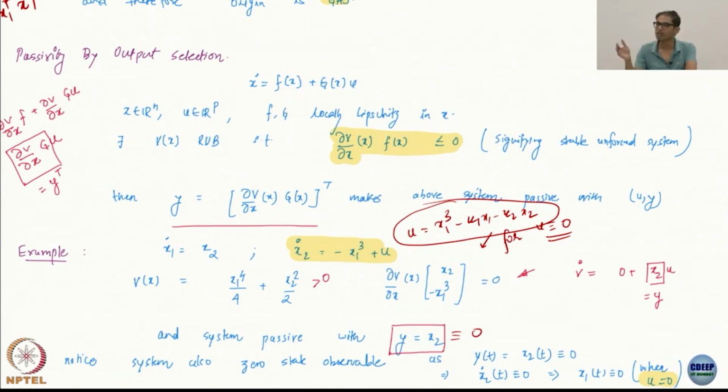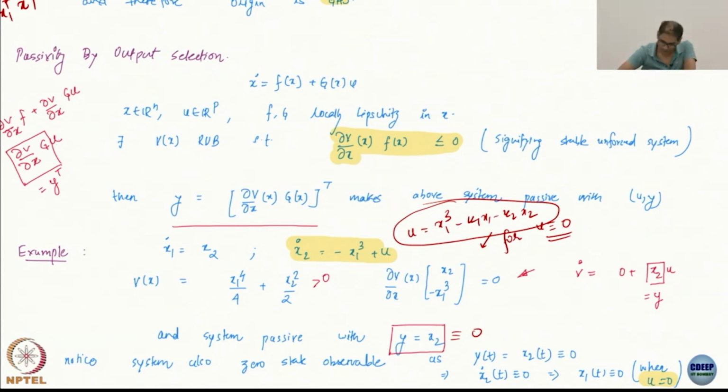Not asymptotically stable, but stable. What do I mean by that? That partial of V with respect to x times f of x is less than equal to 0. This is basically a stable unforced system, or you are saying that without the control the system is at least stable. It is not asymptotically stable, not going to converge to the origin or anything, but it is at least stable. It is not going to escape or anything.